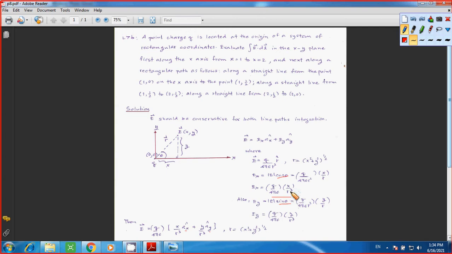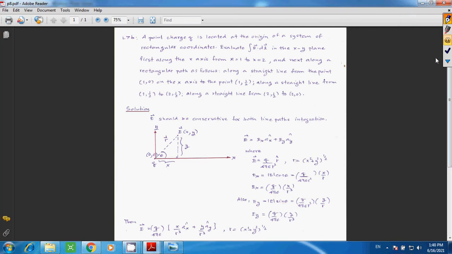You're wondering why r to the power three. That's because you have another term, cosine theta, which is equal to x over r, and you have r squared, so multiplied together that gives you r cubed. So you already have our electric field for the x component and y component.